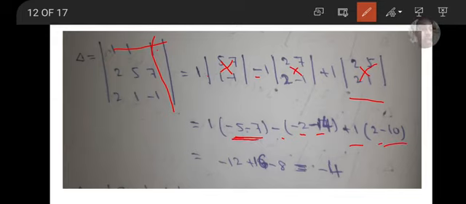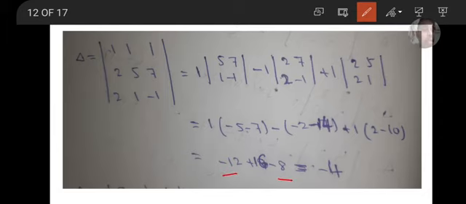That is minus 5 comma minus 7, minus 12 into 1 is minus 12, minus 2 minus 14 is minus 16, so plus 16. 2 minus 10 is minus 8, minus 8 into 1 is minus 8. Therefore minus 12 minus 8 means minus 20, minus 20 plus 16, that is minus 4.